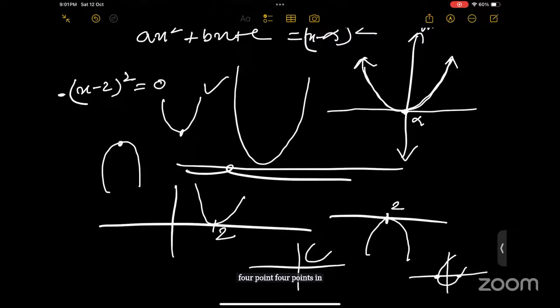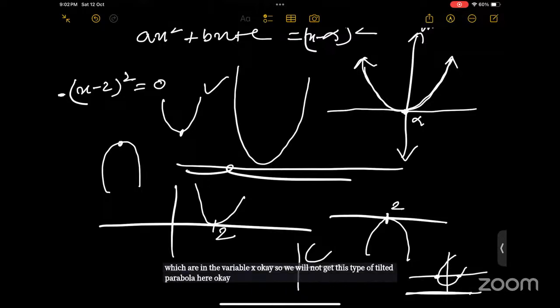But in this case, you will get a different equation. Here, we are talking about the particular quadratic equation which is in the variable x. So we will not get this type of tilted parabola here.